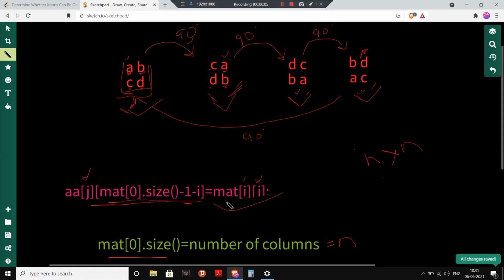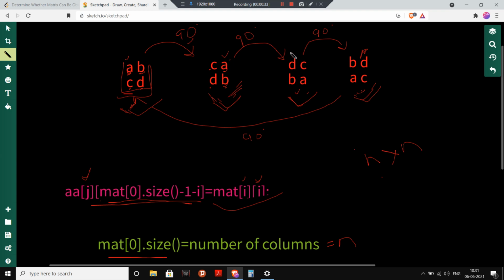As I have explained, we can easily find these three matrices, and each time I find a matrix, I will check if it is equal to the target matrix. If it is equal to the target matrix, then I will return true. Otherwise we will find the other matrix that is possible by rotating it by 90 degrees, and check if it is equal to the target matrix.